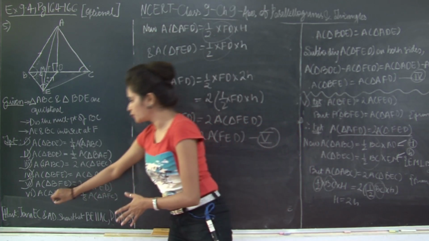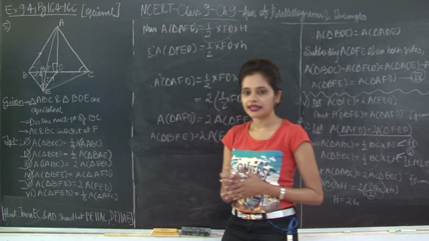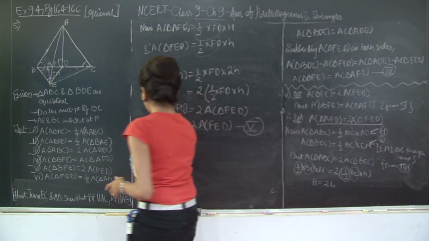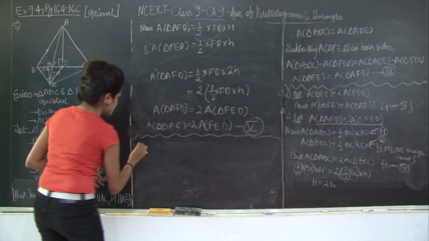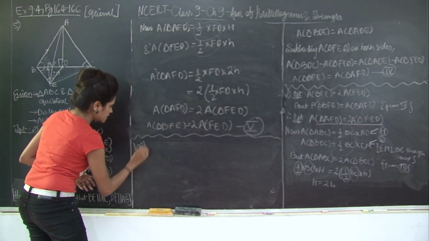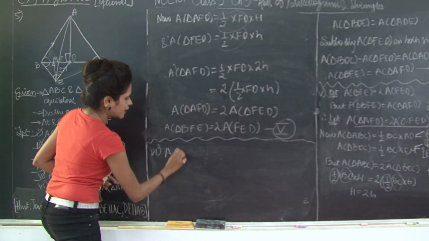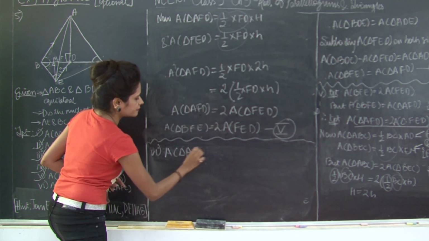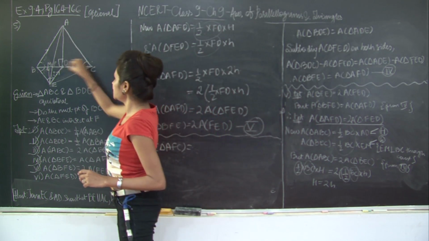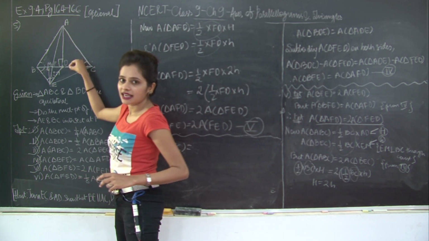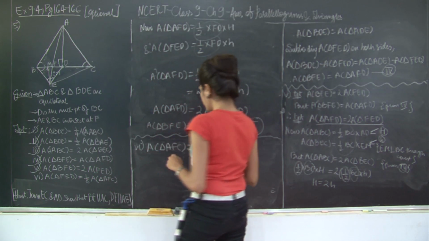So now we need to prove that FED is equal to 1 upon 8 AFC. Let us go ahead and prove this section. Now, if you notice, this is the 6th part. So, area of triangle AFC. Now, let's take a look at AFC. My AFC is made up of AFD plus ADC. Let's write this down.